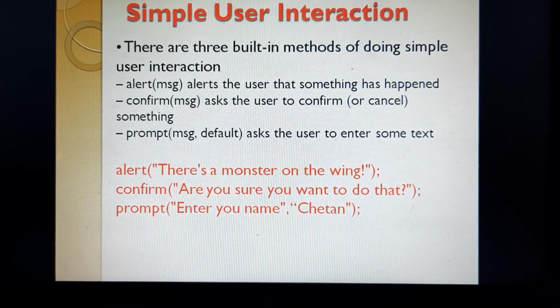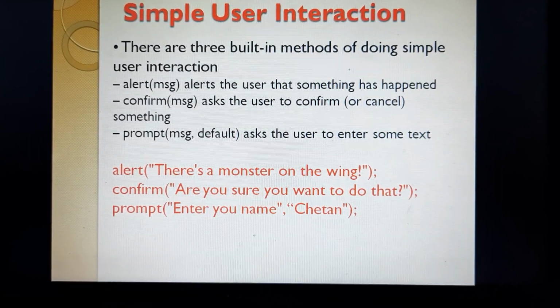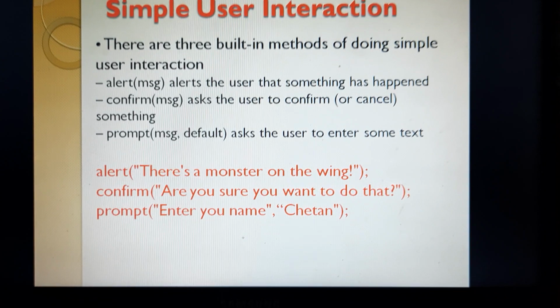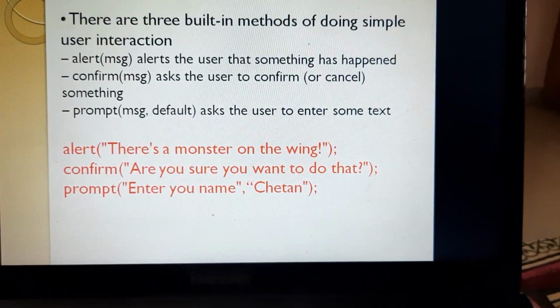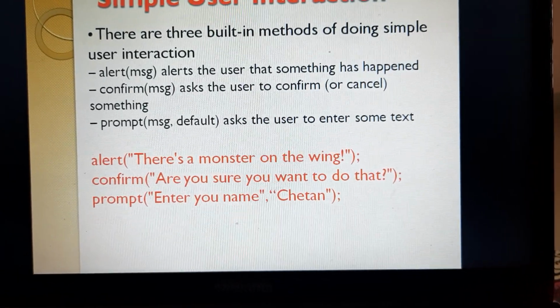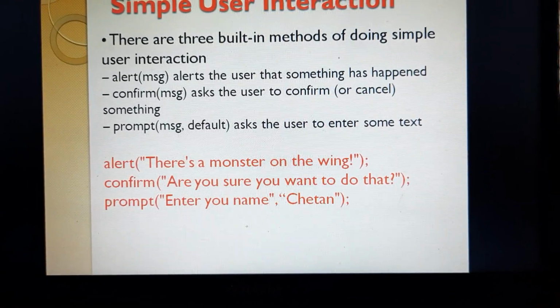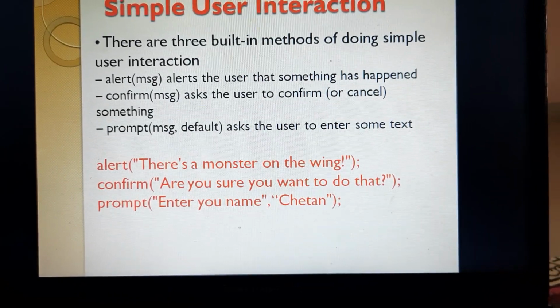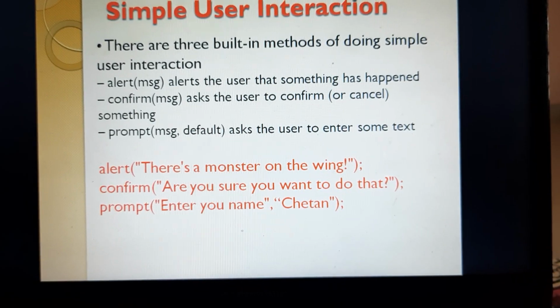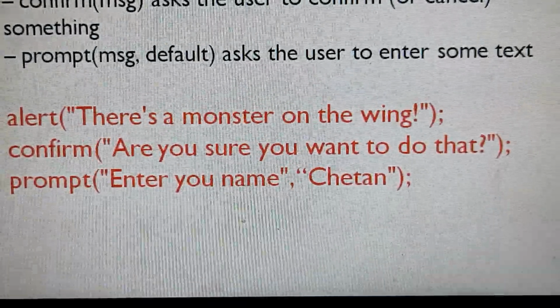So this is the confirm box which takes the confirmation from the user. And the third is the prompt. So prompt is like an input box. It asks the user to enter some text.